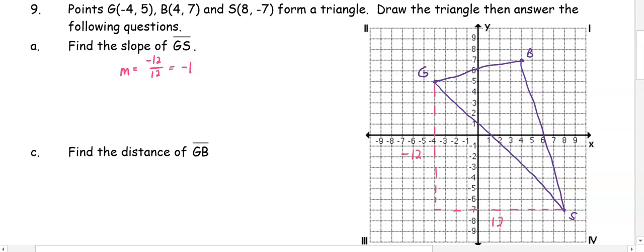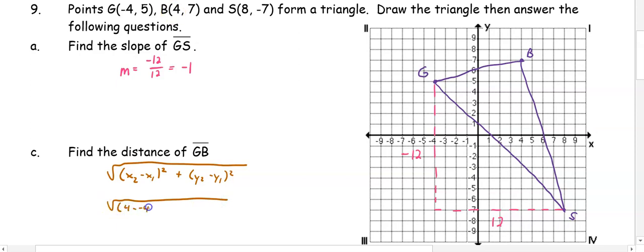In part C, we want to find the distance of GB. So the distance formula is the square root of x2 minus x1 squared plus y2 minus y1 squared. So the x coordinates that we are subtracting are 4 and -4.